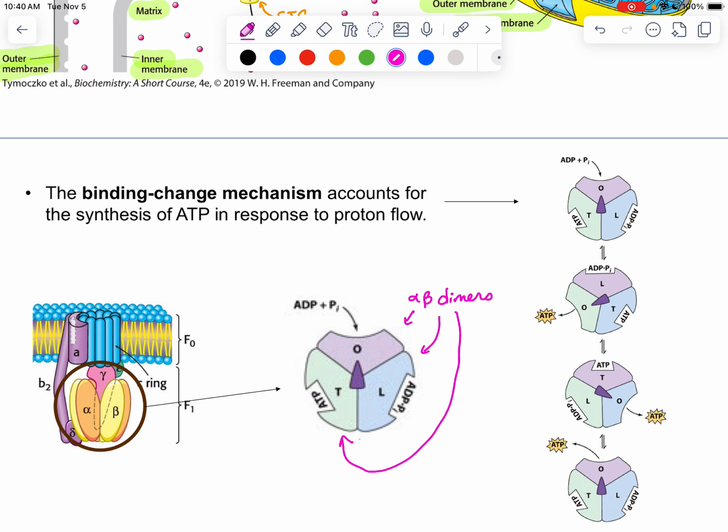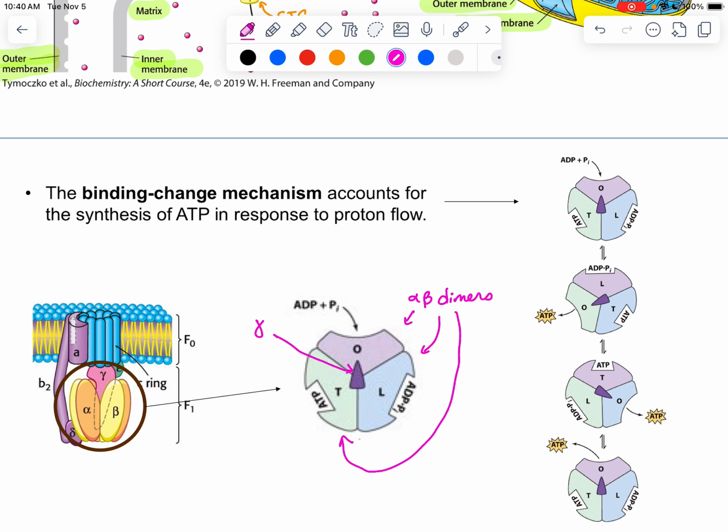Okay, the triangle here is our gamma kind of rotor that's spinning. And what's kind of important is that this thing is not perfectly symmetrical. So each side of that unit has different conformations.